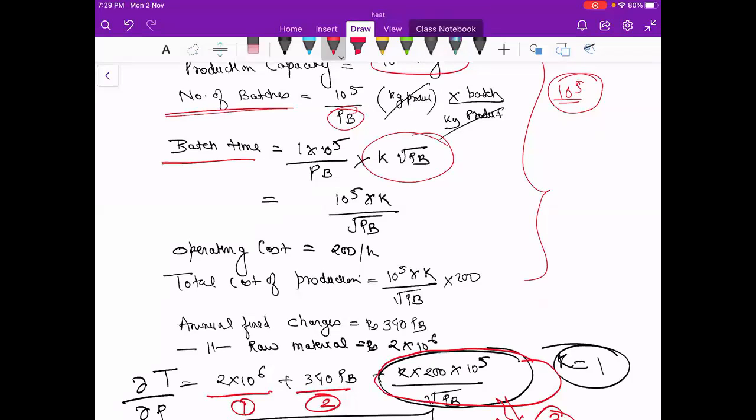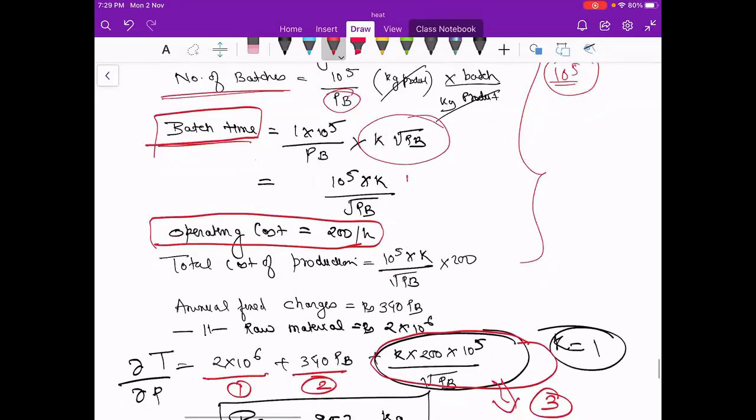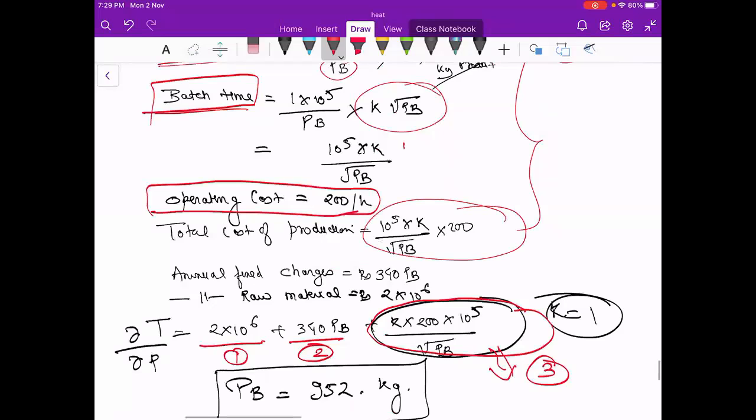Sorry, total cost of production we have to calculate, because operating cost is given as 200 per hour. We have calculated batch time in hours, so that is why you are getting the total cost of production.